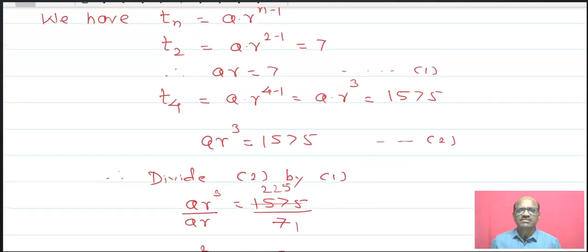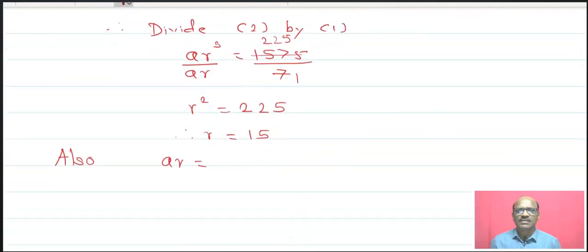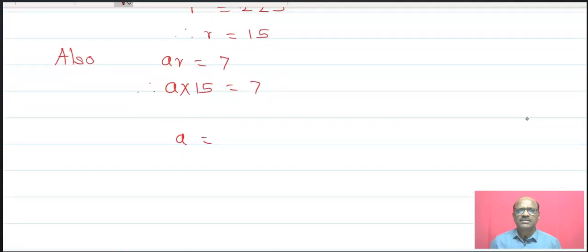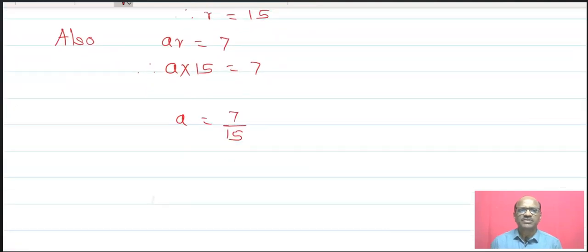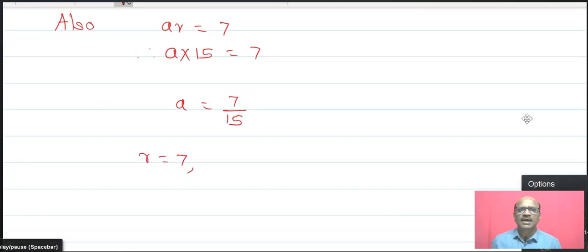Now using this value, that is AR is equal to 7, substitute the value of R here, which is 15.